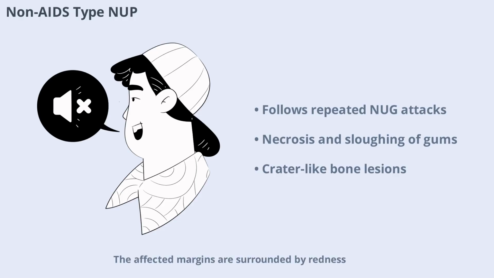The affected margins are surrounded by redness, and patients may experience unilateral lymphadenopathy, fever, and malaise. Over time, the lesions can extend deeper, resulting in crater-like bone defects, especially between the teeth. Notably, deep conventional pockets are absent, as the necrotizing process destroys the marginal tissue entirely.